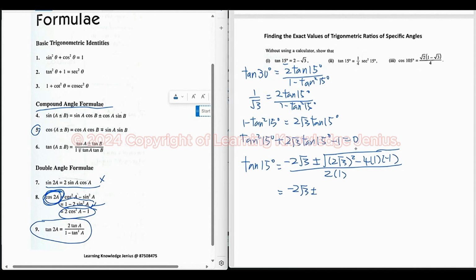I get 16, so it becomes 4 divided by 2. Then I simplify further and get negative square root 3 plus minus 2.